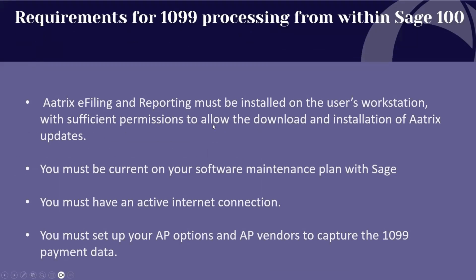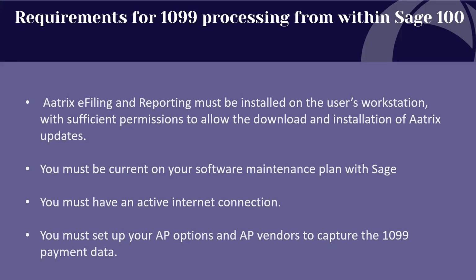Okay, so back to when you're running Atrix. There is a portion of Atrix that has to be installed on your workstation. Anybody who will be running 1099s or W-2s or any of the other payroll year-end and quarter-end reports has got to have Atrix installed.